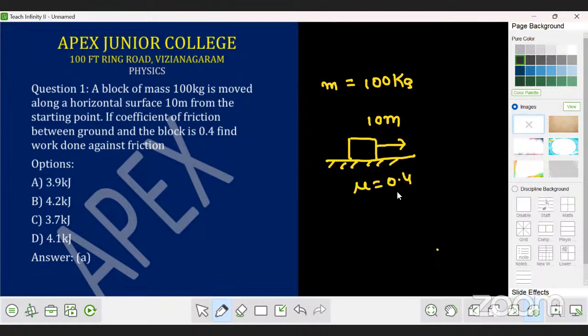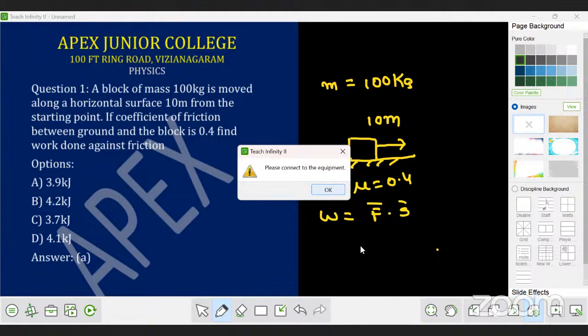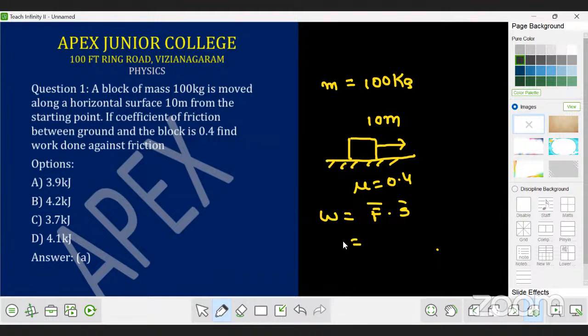Now, the coefficient of friction value is also given, that is mu equal to 0.4. The simple question is that we have to calculate work done. What is the general formula for work done? The general formula for work done is force into displacement, that is simply F dot S. But what type of force is given? It is work done against friction, that means frictional force.